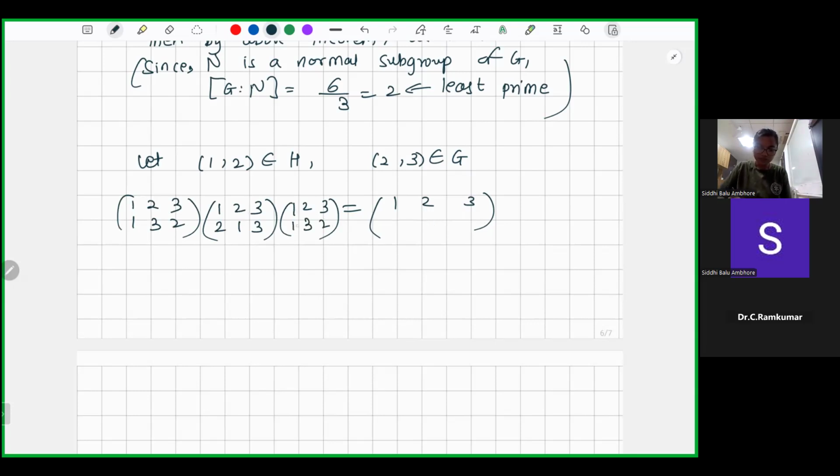So here 1 goes to 1, and here 1 goes to 2, 2 goes to 3, 3 goes to 3, 3 goes to 2, and 2 goes to 1. And this whole thing I need to multiply with this here.